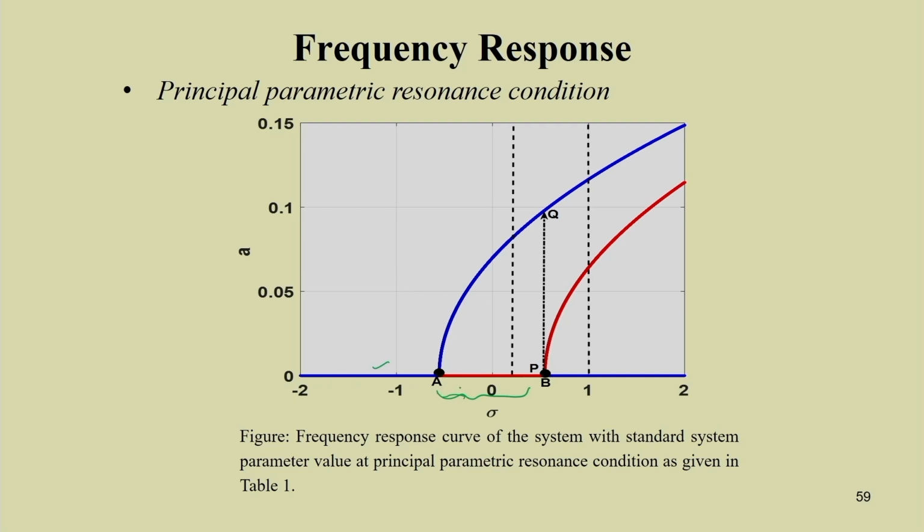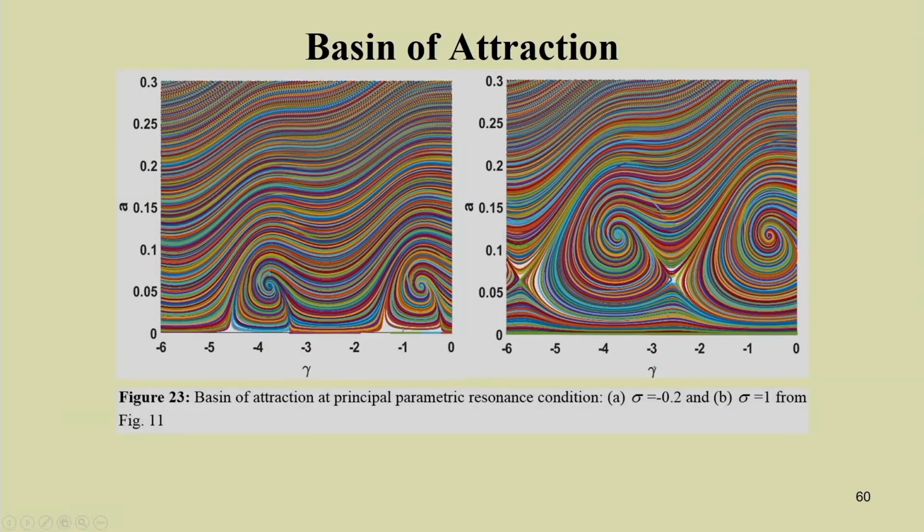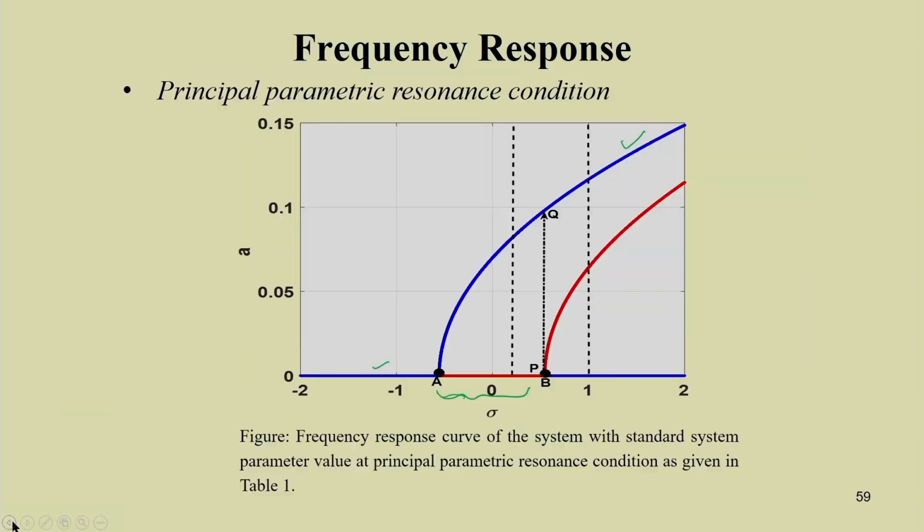It will work only from A to B, and after B also it may work, but after B it has 2 states: one trivial state and one non-trivial state. That thing you can clearly see from the basin of attraction. At 2 points the basin of attraction has been plotted. For example, at this point the basin of attraction is plotted here and one is here.